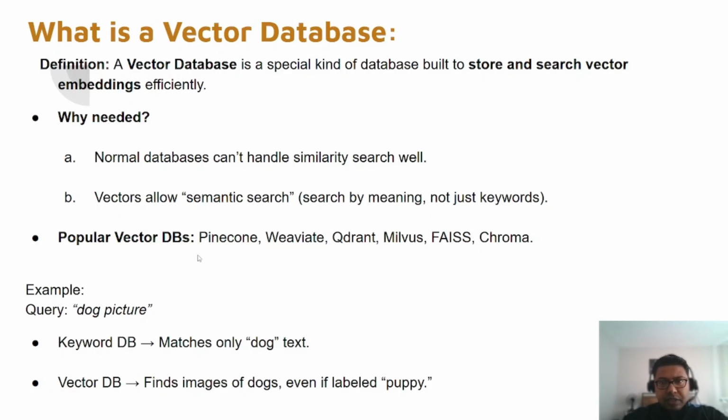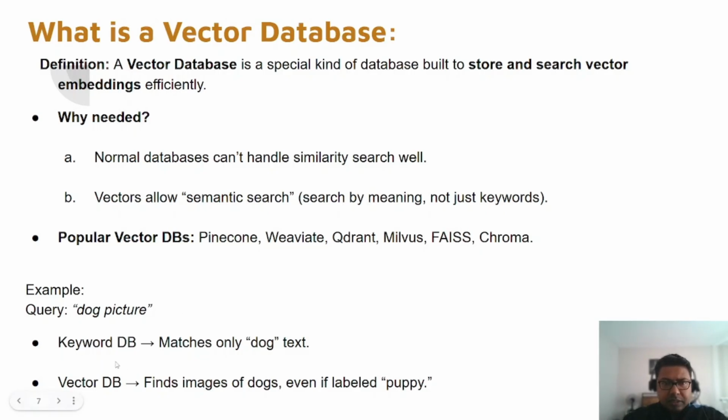Popular vector DBs include Pinecone, Weaviate, Qdrant, Milvus, FAISS, and Chroma. So these are all vector databases. One example of vector search: say we are querying for a dog picture.